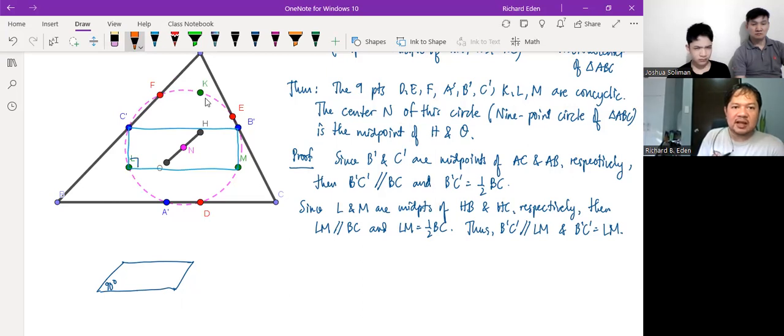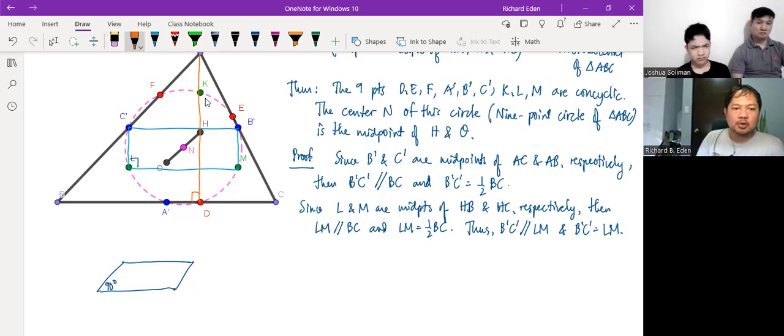What do we have that is perpendicular to the horizontal? Well, this is an altitude, right? It's an altitude because H is the orthocenter. K is the midpoint from the orthocenter H going to A. D is the foot of that altitude.